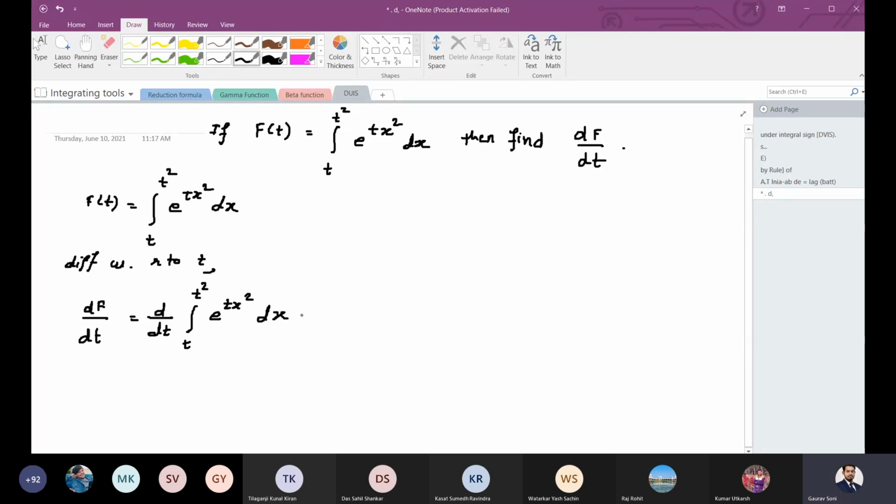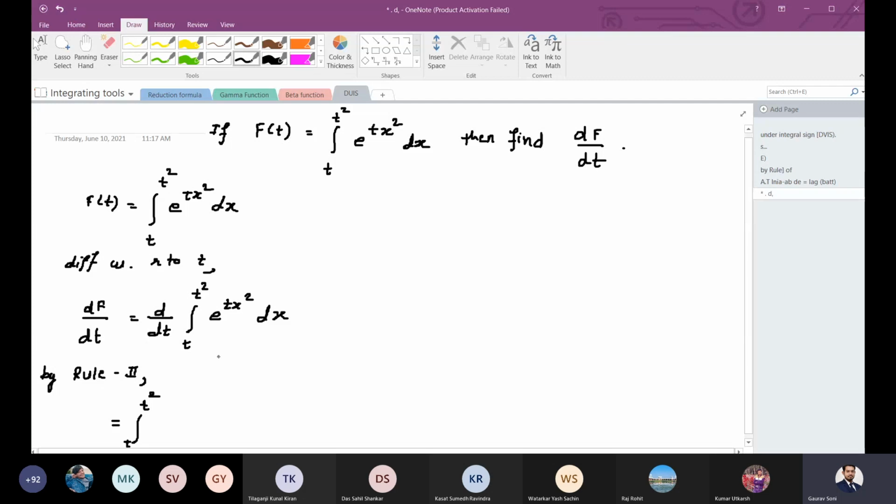Which rule here? By rule number 2, because in this you can see that your limits are in terms of t, and so I cannot simply take the derivative inside.